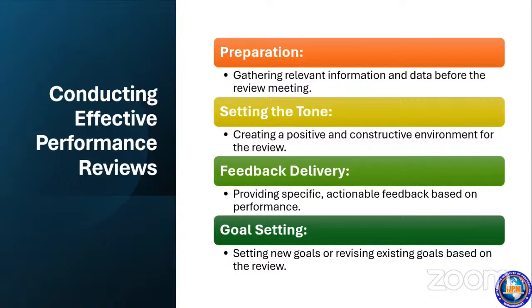Then next, we set the tone. You have to intentionally create a positive and constructive environment for the review. Then for the feedback delivery, you have to provide specific, actionable feedback based on performance. And then set new goals or revise existing goals based on the interview.